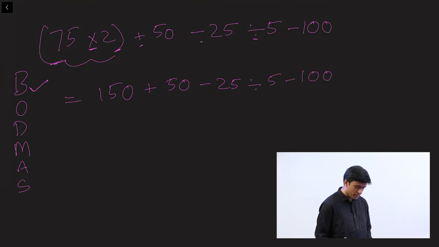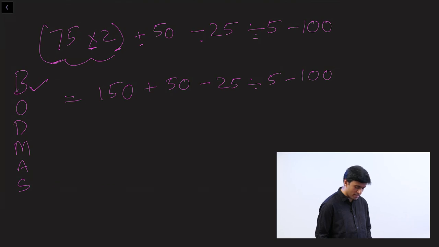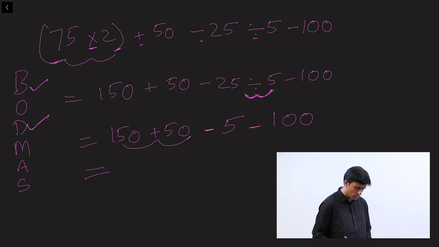The remaining operators are plus, minus and division. What do you do first? Division, that's right, D comes before addition or subtraction. So we solve that. 150 plus 50 minus 25 divided by 5 is 5 minus 100. Now let's go ahead and do the addition. 150 plus 50 is 200.